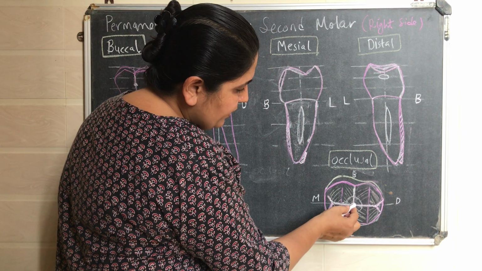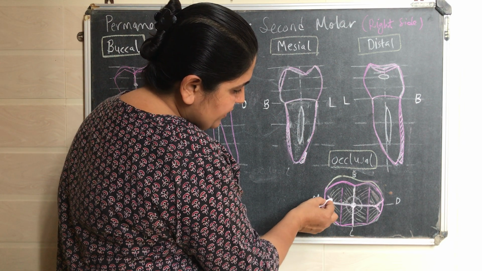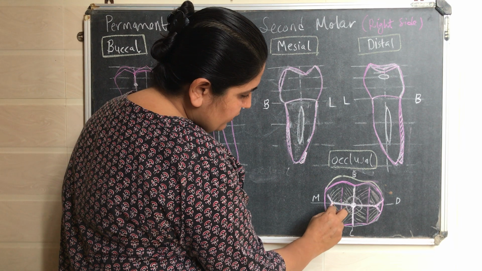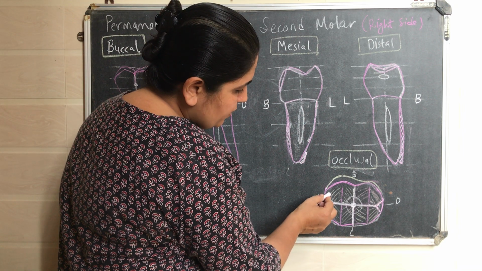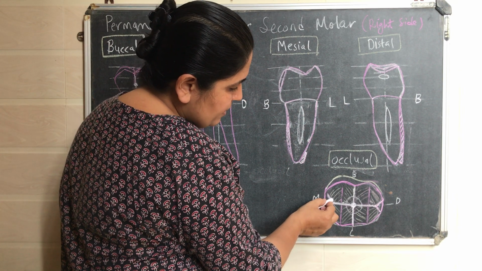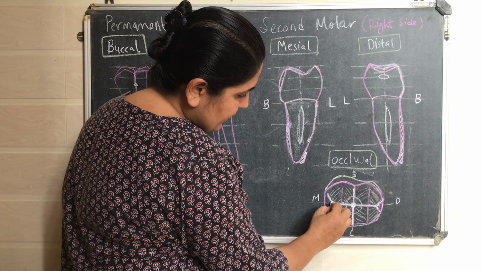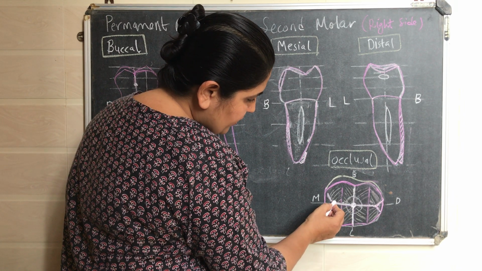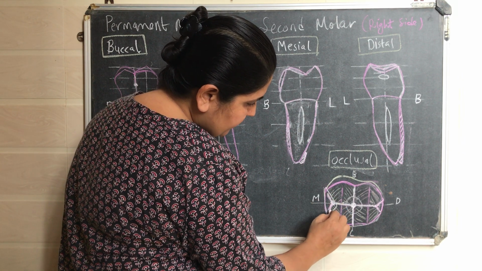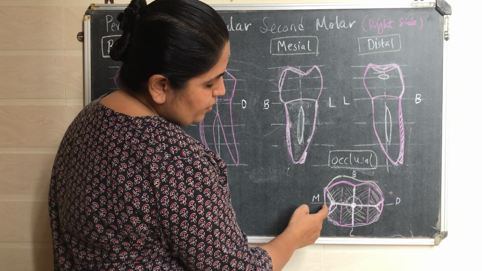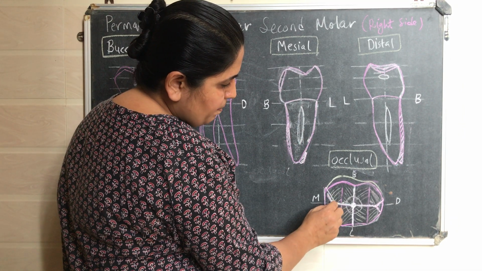The central developmental groove from the central pit extends towards the mesial side, where it is joined by two grooves: one coming from the mesiobuccal side, this is the mesiobuccal groove, and one coming from the mesiolingual side, the mesiolingual groove. They form a pit in the triangular fossa. This is the mesial triangular fossa, and the pit present in it is the mesial pit.